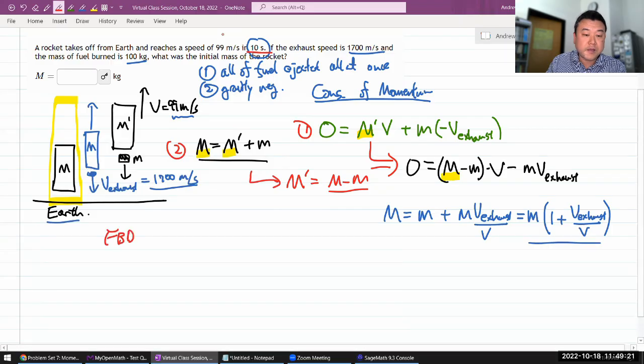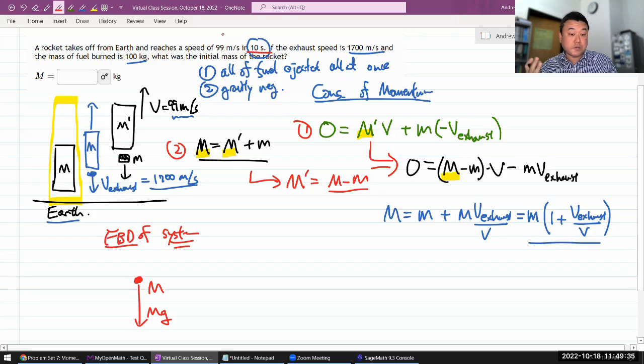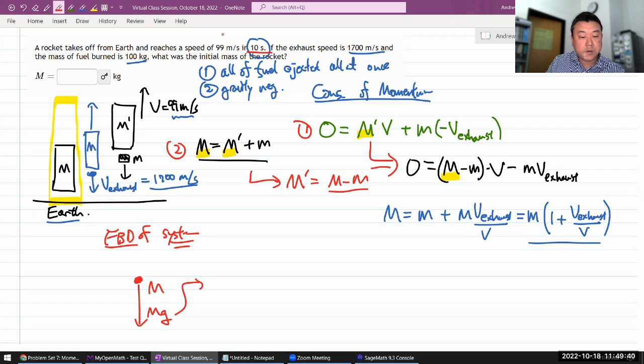If you're drawing a free body diagram of the system, you have the whole thing, initial mass M, downward Mg, and for the whole system, including this and that, there's no other force. Gravity is the one force, which means this will lead to an impulse of force times duration of time, and what this means is the change of momentum. So this leads to a modification of this conservation of momentum equation.